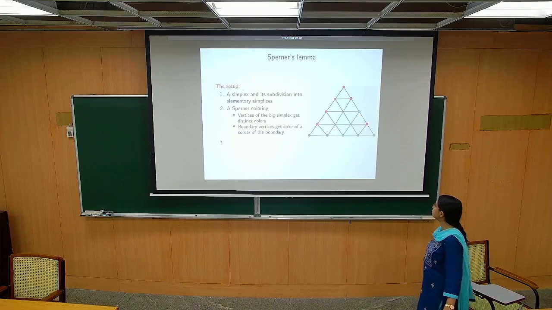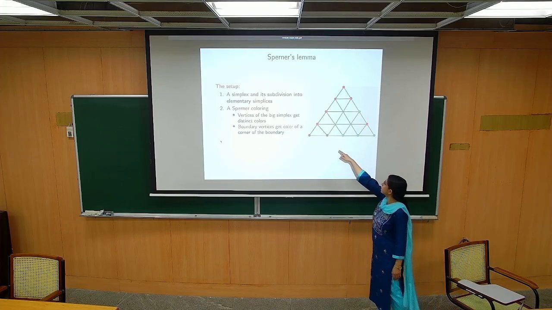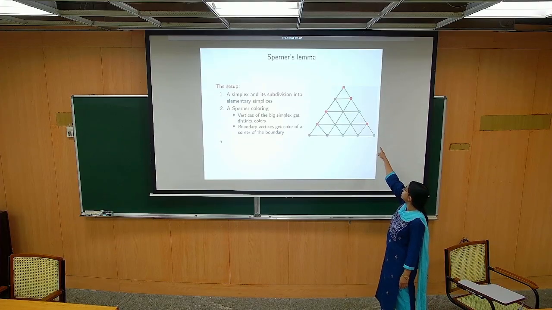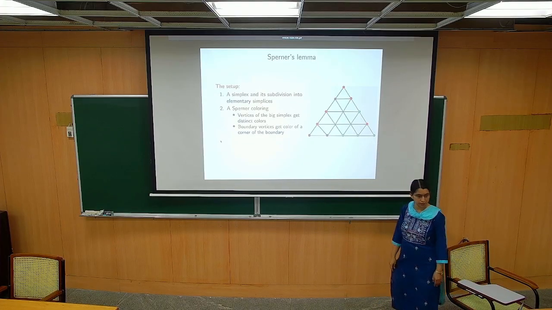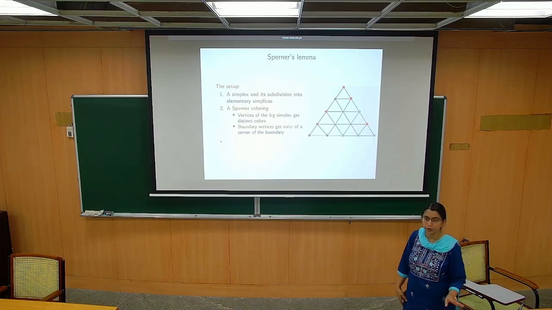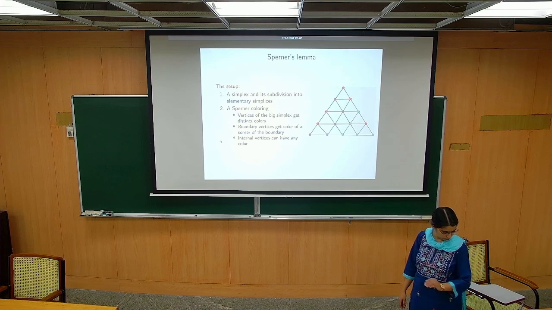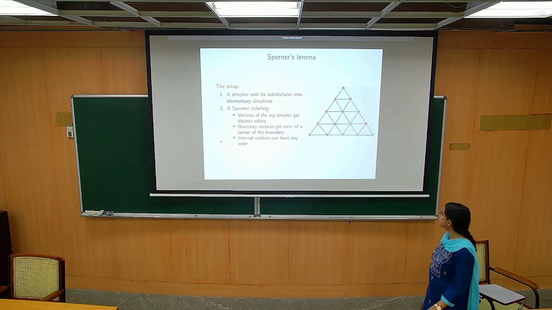So here is the assignment of colors that satisfies this constraint. Everything here gets purple green, everything here gets red green, everything here gets red and purple. And now coming to internal vertices, we can assign any color that we want, any of the three colors. So like this.